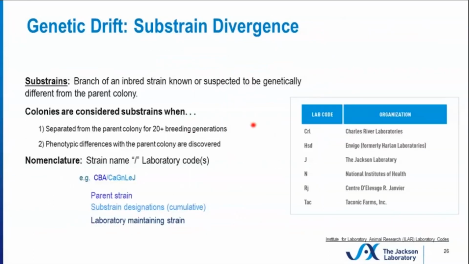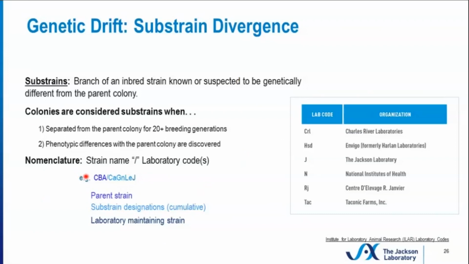And as I was mentioning before, substrain divergence is another aspect you need to consider, and that could happen if you are not careful, or substrains can also generate by themselves over 20 plus breeding generations. Phenotypic differences between the parent and colony can be discovered. If you look at the nomenclature, sometimes that is a very good lead for you to know.